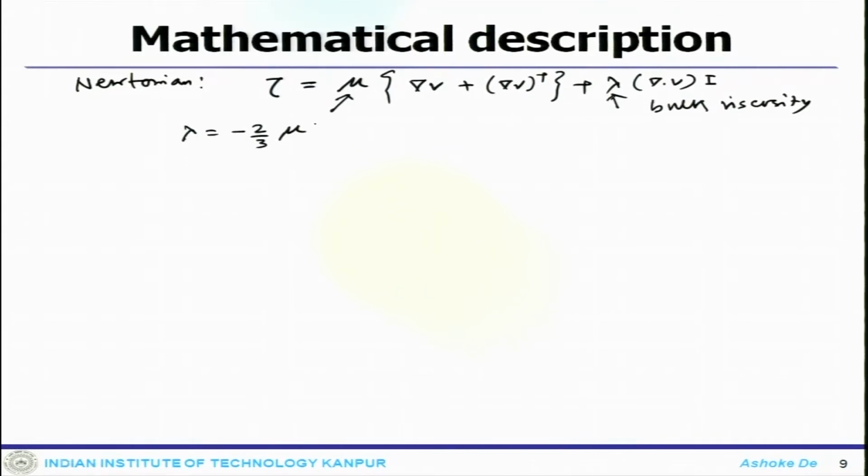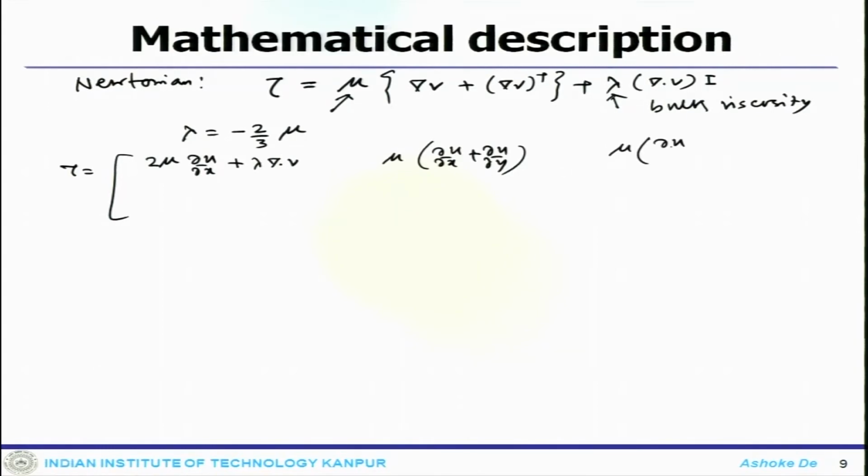So, essentially this term now, tau, becomes 2 mu del u del x plus lambda del dot V, mu del u del x plus del u del y. Third component is mu del u del z plus del w del z. Second component is mu again del u del x plus del u del y.